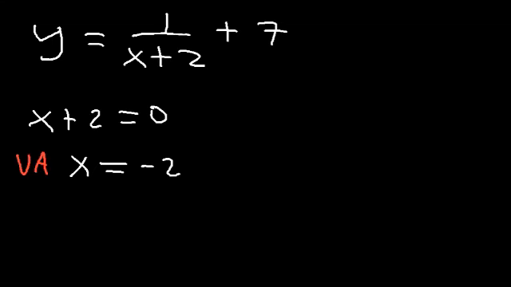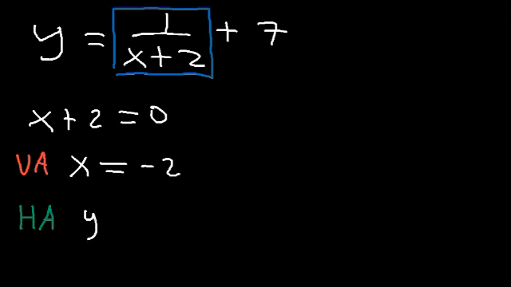The horizontal asymptote for this portion of the function is y is equal to 0, because we still have a rational function that's bottom-heavy. The degree of the denominator is higher than that of the numerator. But notice that we also have a plus 7 on the outside. So the horizontal asymptote is going to be 0 plus 7.